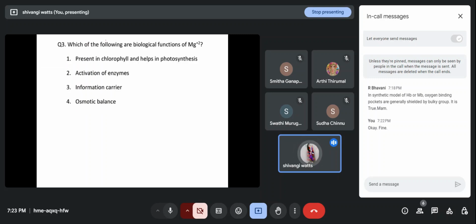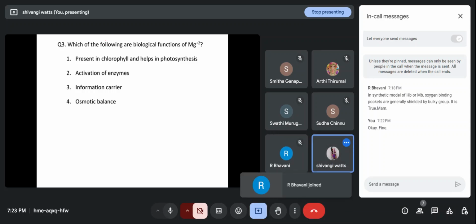Okay, so moving to the next question. Which of the following are biological functions of magnesium 2+?